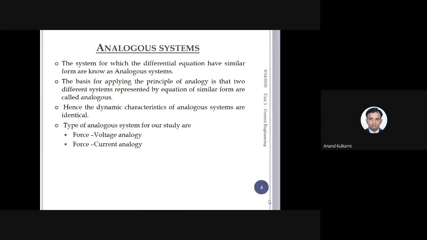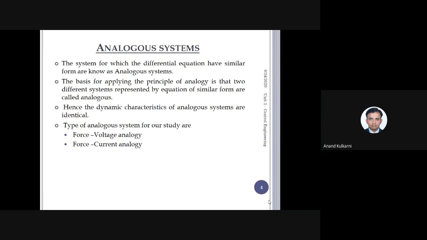Obviously, we are not so well versed with electrical systems. Control engineering is also studied by students of electrical and electronics, and they are not well versed with mechanical systems. If we are not aware of electrical systems and electrical students are not aware of mechanical systems, then there will be a problem.